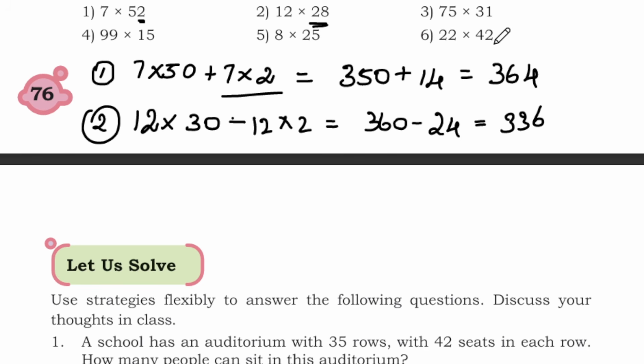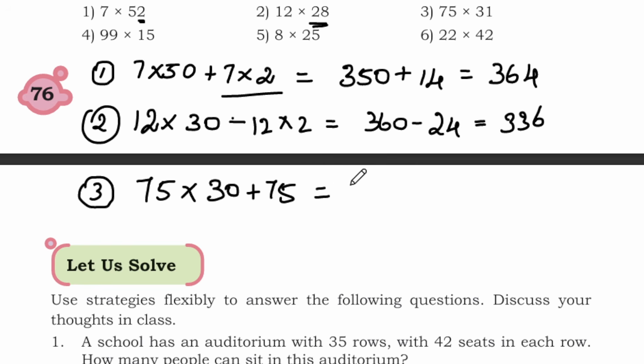So 75 into 31, we have to round it to 30 and we need to add 1. So third one, what you can do is 75 into 30 plus 75.